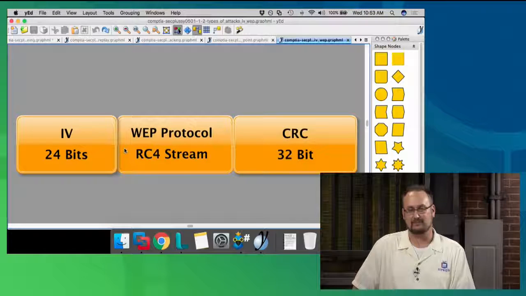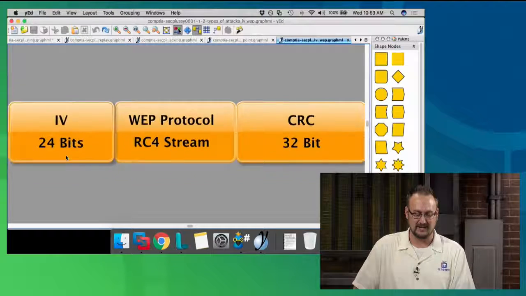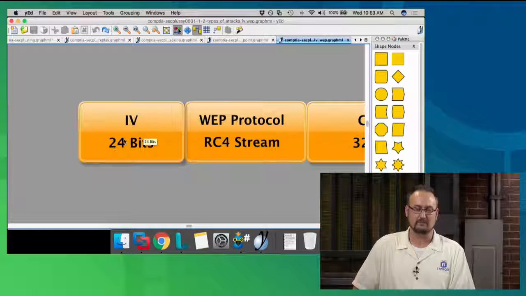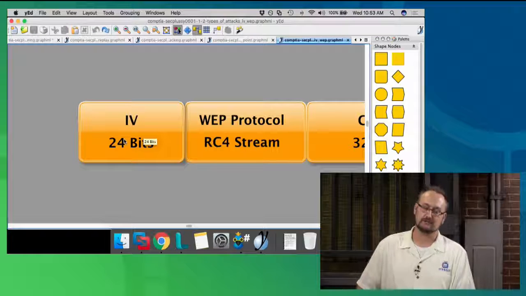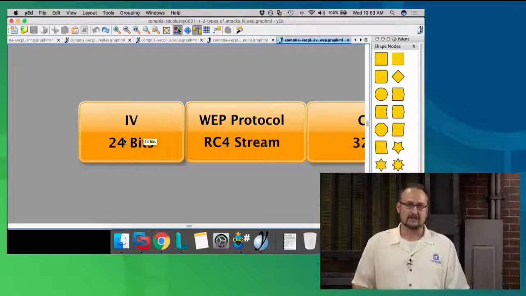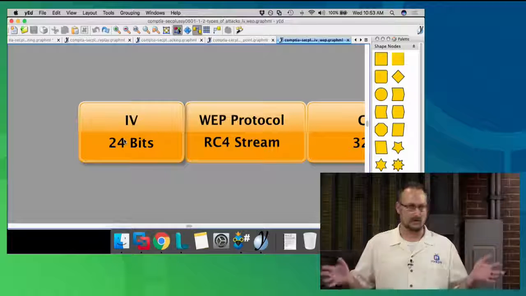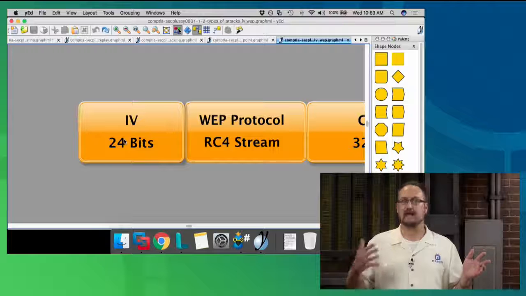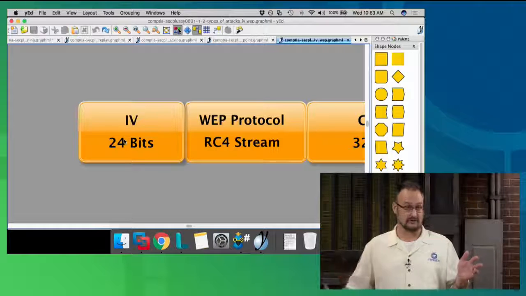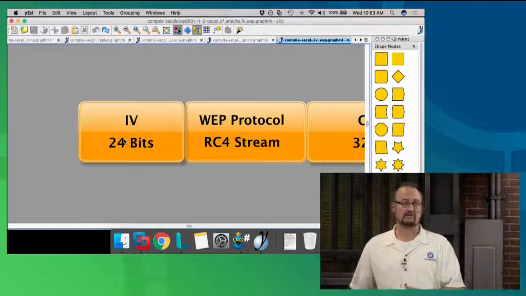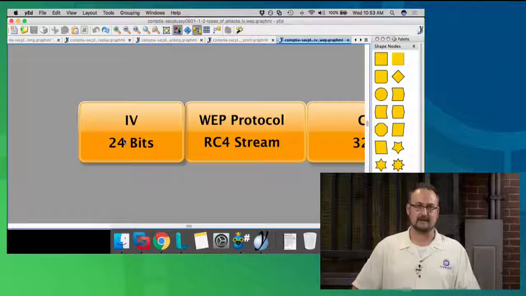So here's the problem. The initialization vector, I don't know if you guys can see that, is 24 bits in a WEP frame, okay? And there's a problem with that. The problem is 24 bits in anything that has to do with security isn't long enough, right? We have things like AES 256, SHA 256, 384, 512, 512 bits, okay? So I want you to think about this.